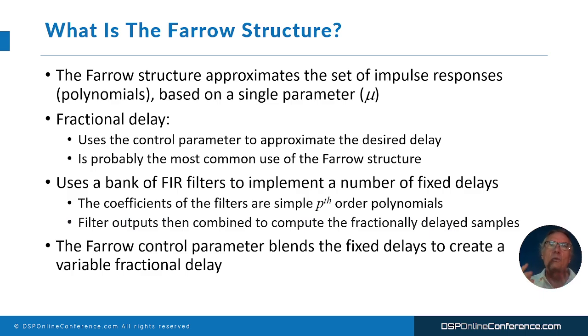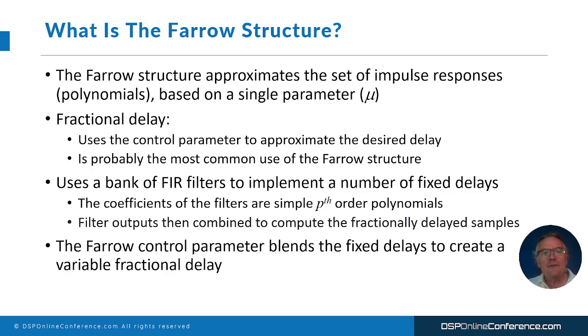But with the Farrow structure, what we do is filter all of the data samples through all of the filters in parallel, and then we combine the outputs to compute the fractionally delayed sample. Now, you might think that's going to add a lot of complexity because we talked about these interpolators and how you need a separate filter for each desired fractional delay.